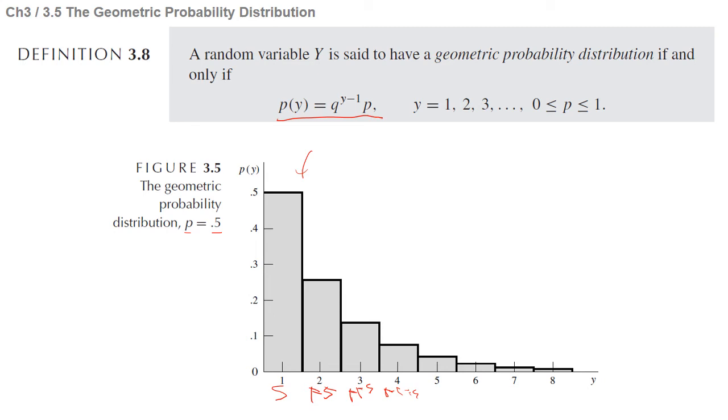Every time the probability decreases by about half, because the probability is 0.5 and you are multiplying by the probability of failure each time. So it decreases about half, about half, about half.